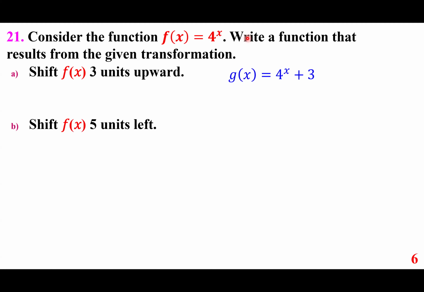Shifted left by 5 units. So you're going back to the original function. Shifting to the left and right. Okay, if you want it to the left, you add, and to the right, you subtract. So you add 5. So 4^(x+5).